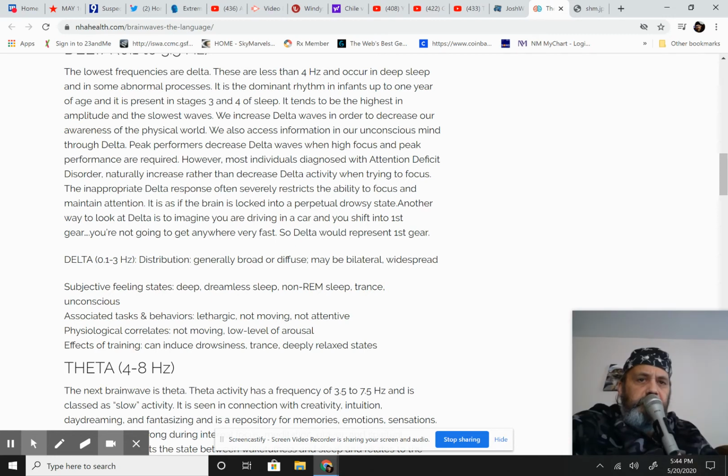However, most individuals diagnosed with attention deficit disorder naturally increase rather than decrease delta activity. That's interesting. And I think it says it can go all the way to 13 hertz with certain types of mental disorders.